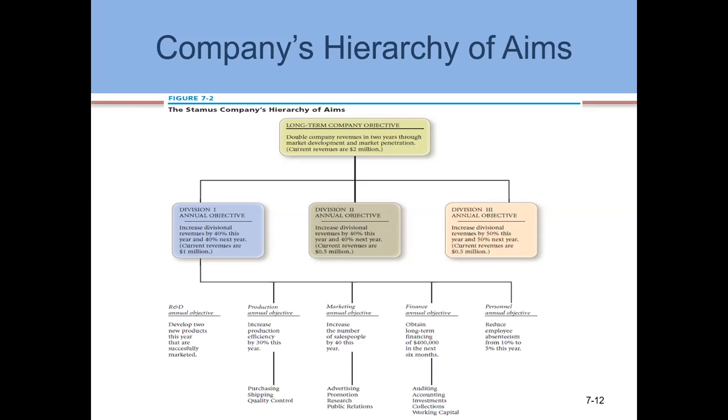When we talk about finance annual objectives, that would mean obtaining long-term financing of 400,000 in the next 6 months, and that would be subject to auditing, accounting, investments, collections, and working capital discussions. Likewise, the personnel annual objective would be to reduce employee absenteeism from 10% to 5% this year. So this is how functional level objectives would be translated.